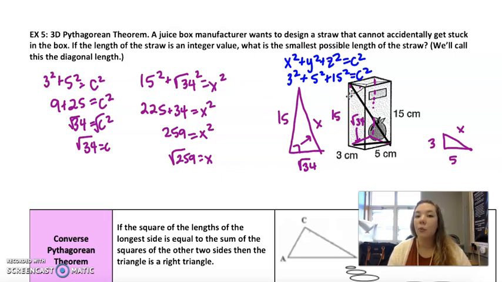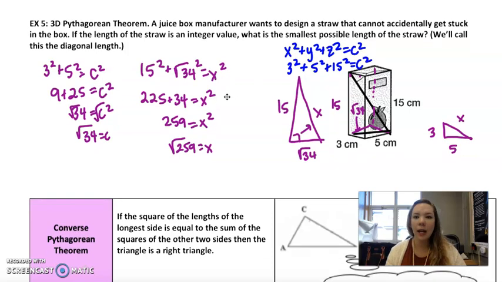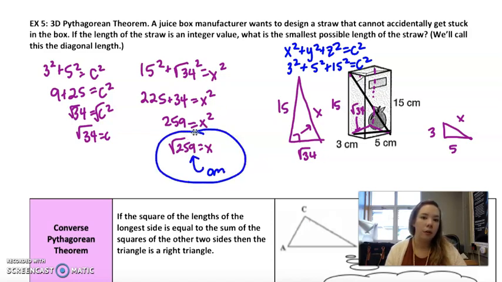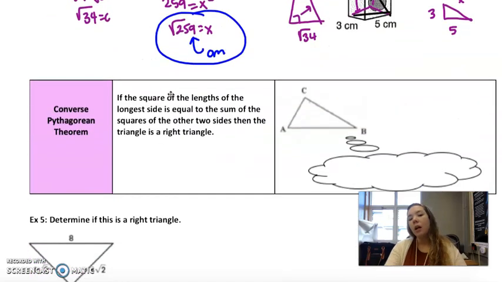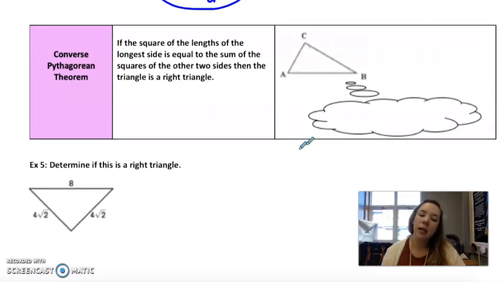But the reason this works is because of this longer process. So before just giving you a shortcut, I want to show you really what's happening here. But this would be the shortcut for 3D Pythagorean theorem. Let's label, this one was centimeters. Centimeters, final answer.